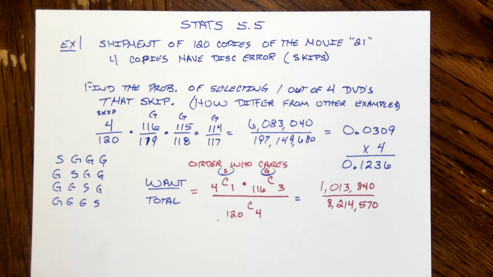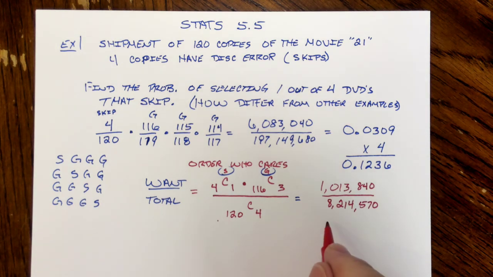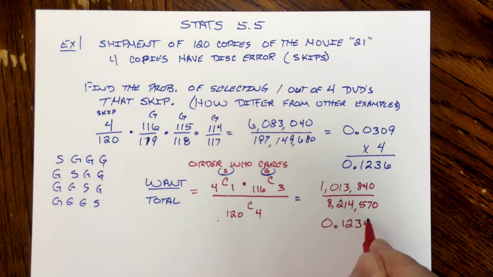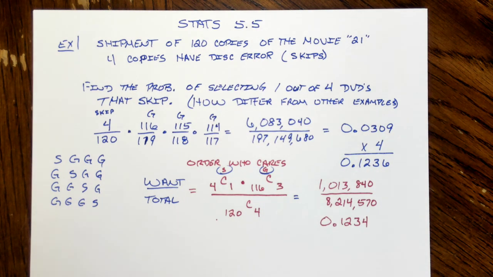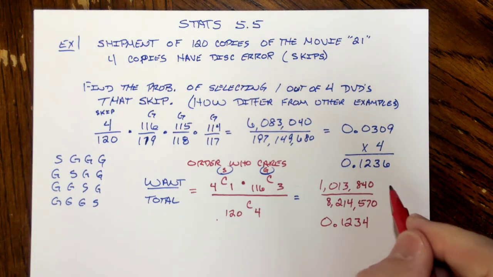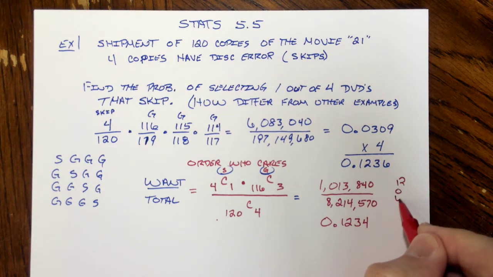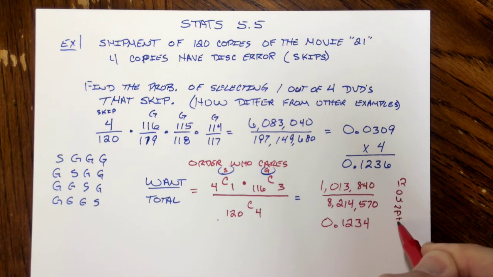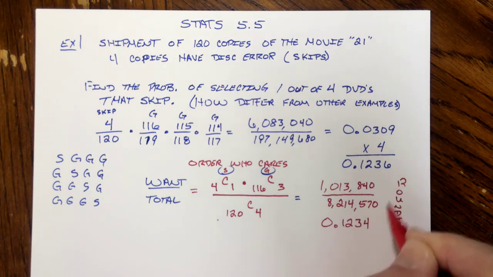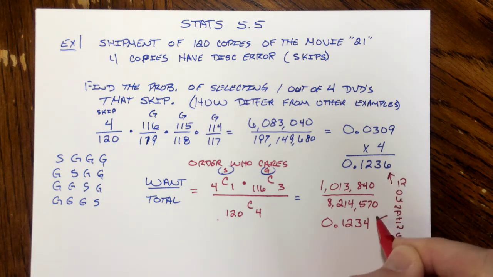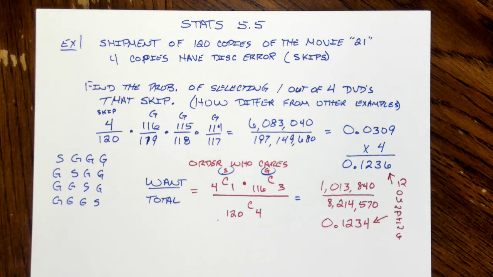And if you divide that out, it's going to be an answer of 1, 2, 3, 4. Now, why are we off? Rounding. But we're not off by much, so we'll be okay with that.